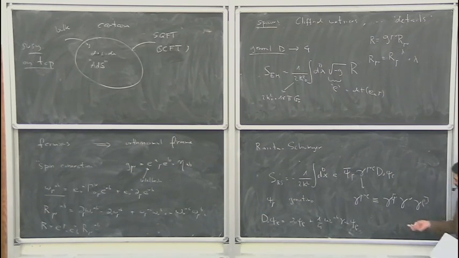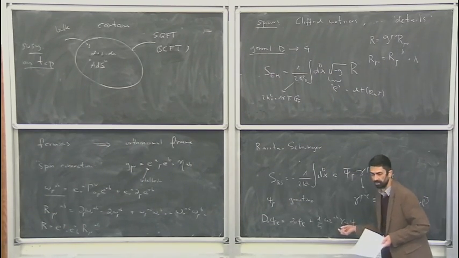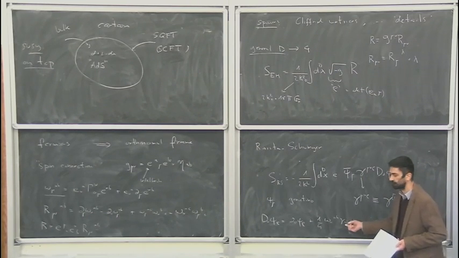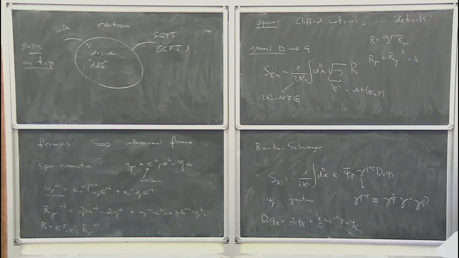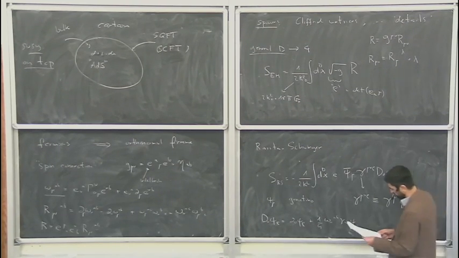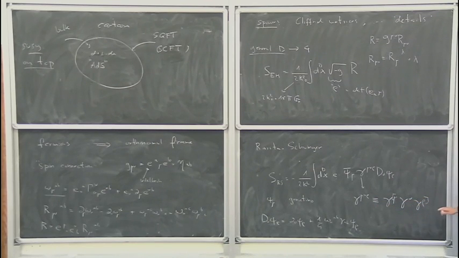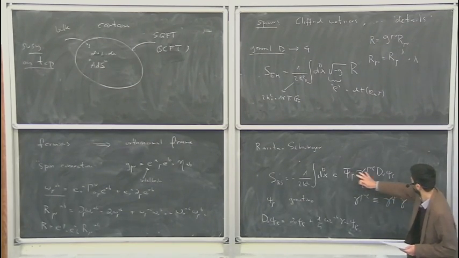So it is simply the commutator of gamma A and gamma B with a factor 1/2. Okay, so these are all the ingredients that one needs in order to write this action.